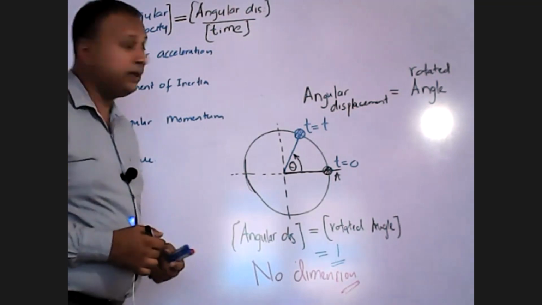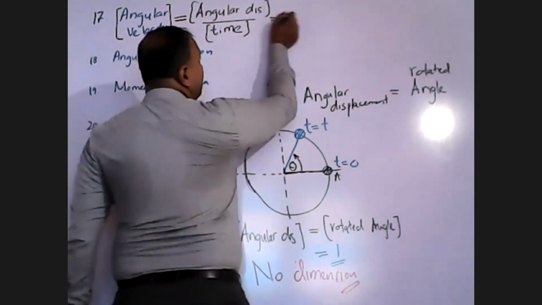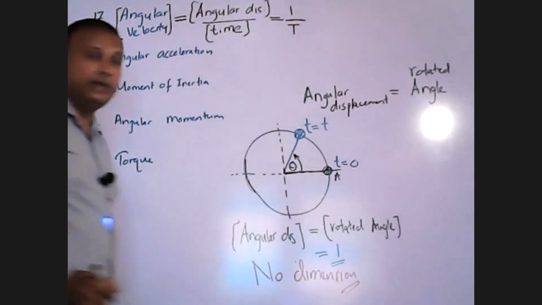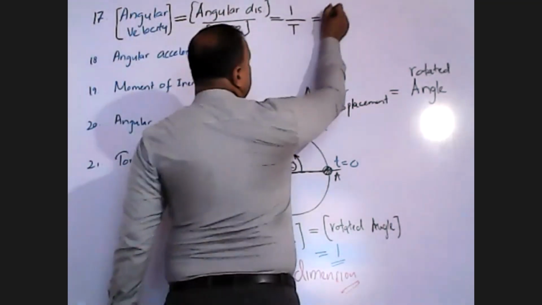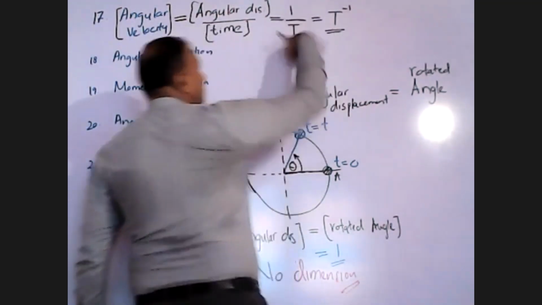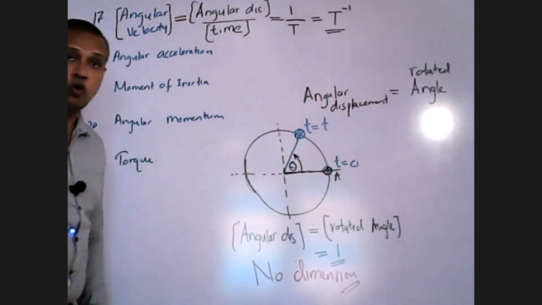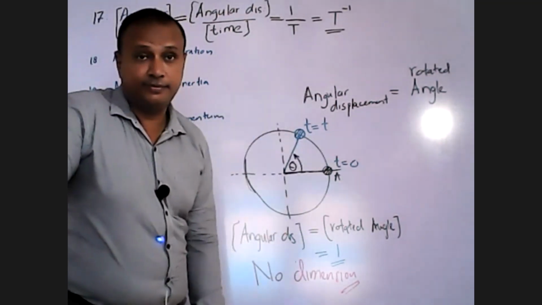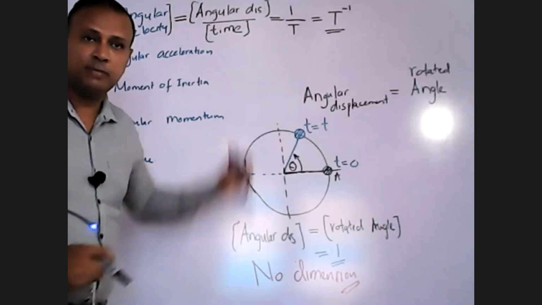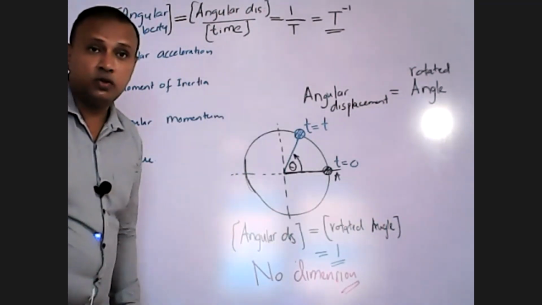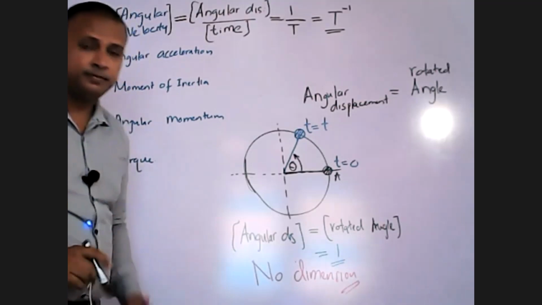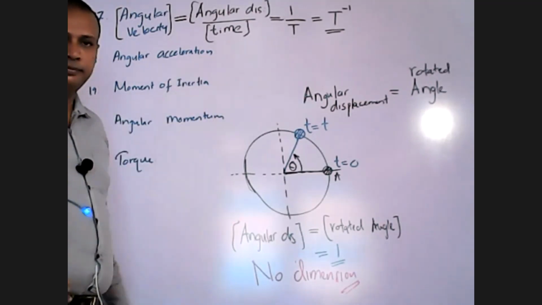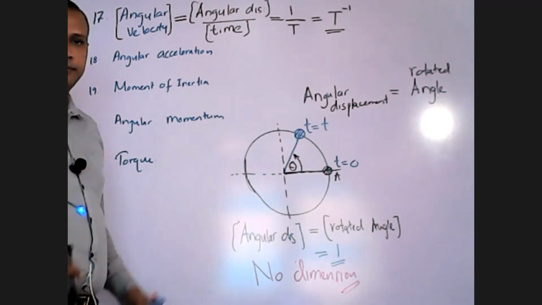Angular displacement doesn't have a dimension, so we can write its dimension as 1, and the dimension of time is equal to T. So 1 over T means T minus 1. We can bring this T to the numerator. So the dimension of angular velocity is equal to T minus 1. Do you understand how I determined this one? If you have any problem, do you understand? Everyone? Good.